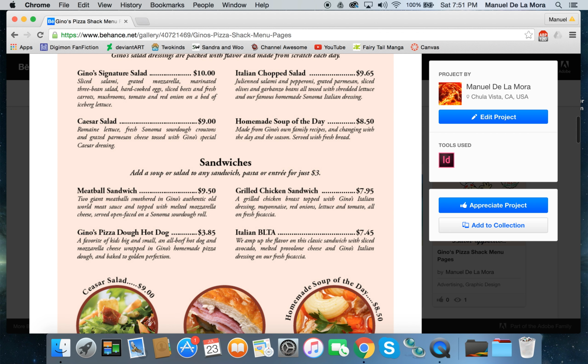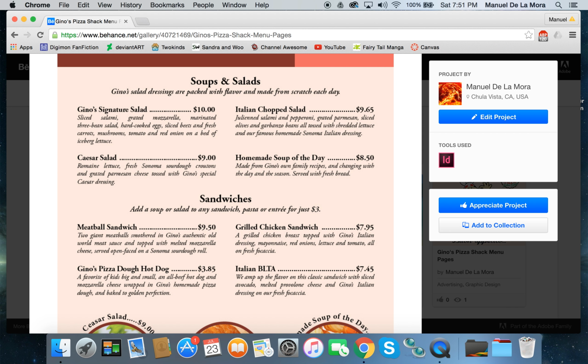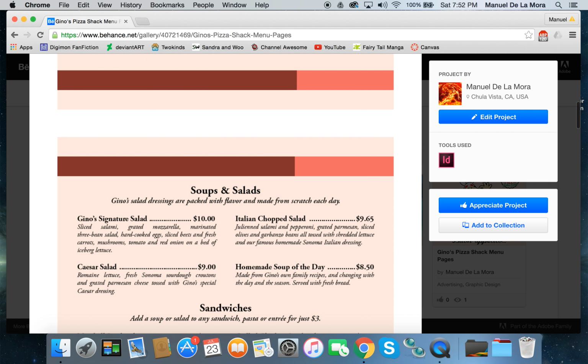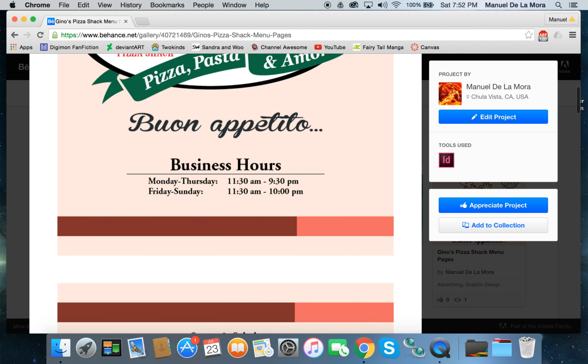And as far as the content itself goes, everything is divided and placed in a way that is easy to read and also used to avoid making a mess of things. You don't want anything being too close. You don't want anything being too hard to read, and this is used to provide an easy experience for those looking through the menu.